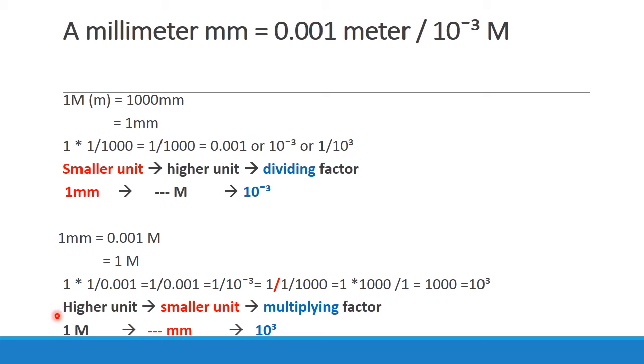So always remember, when higher unit is converted to smaller unit, we will be getting the multiplying factor. That means those respective factors, whatever you have got, either the dividing factors or multiplying factors, the respective action has to be taken over whatever numerical values you are going to get through your reports. Hope you all have understood this part.